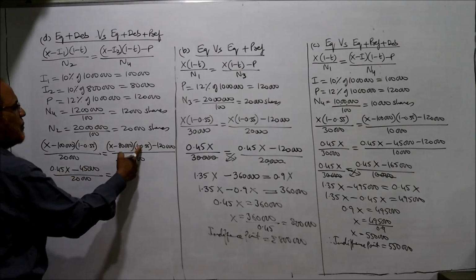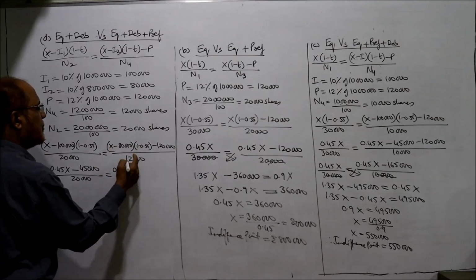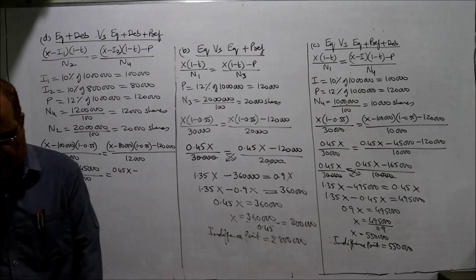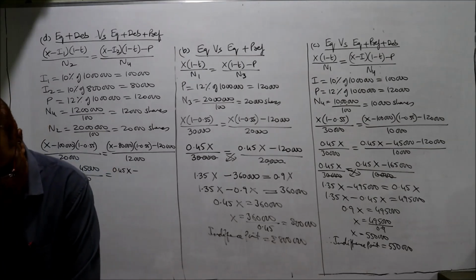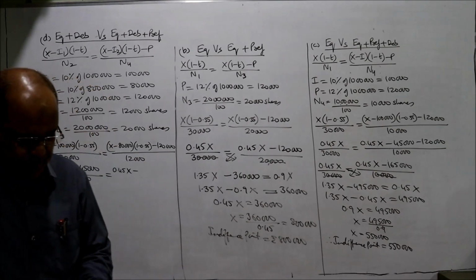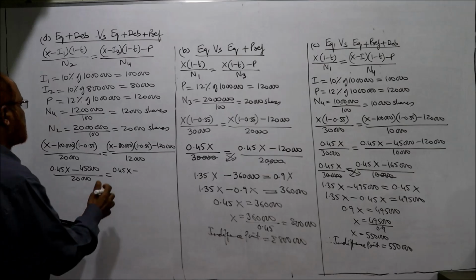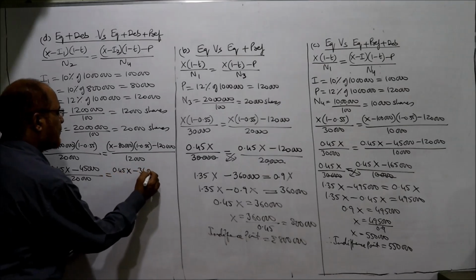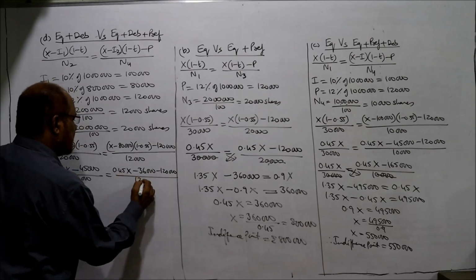is equal to 0.45x minus 0.45 into 80,000. 0.45 into 80,000 is equal to 36,000, minus 1,20,000, divided by 12,000.